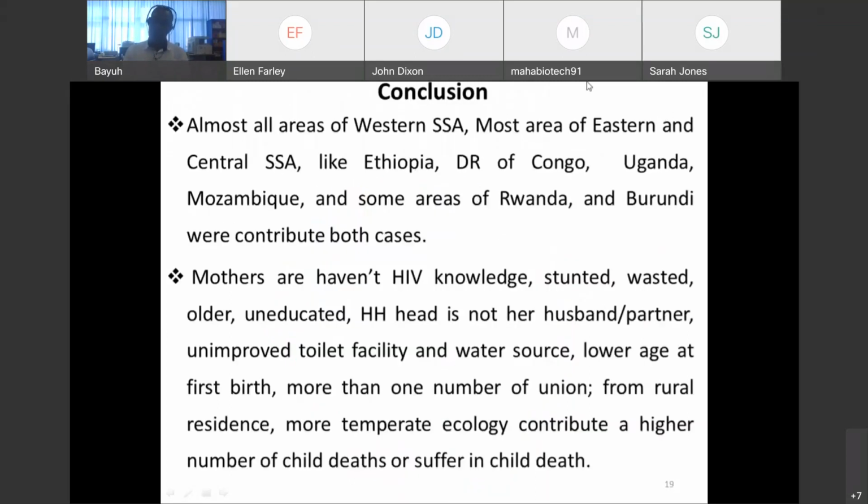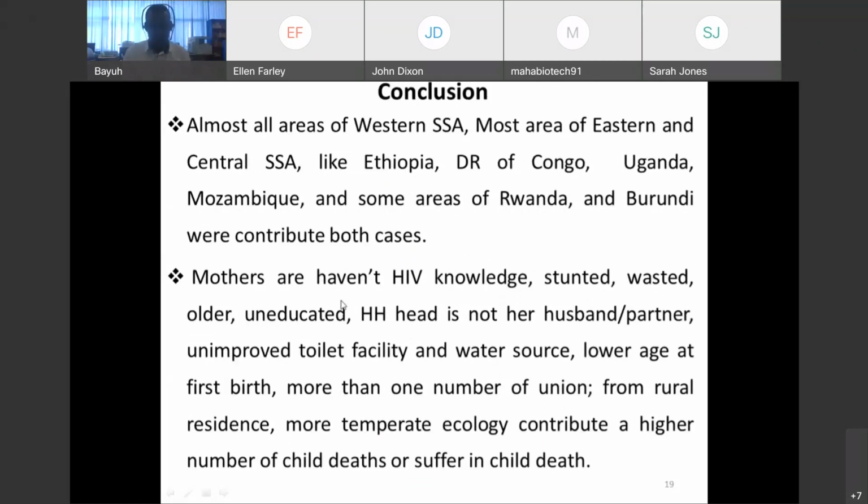That is all about the results. Next, the conclusion. Almost all areas of Western Sub-Saharan Africa and some of Eastern and Central Sub-Saharan Africa, like Ethiopia, Democratic Republic of Congo, Mozambique, and others, contribute a high number of mothers who suffer child death and of child deaths.